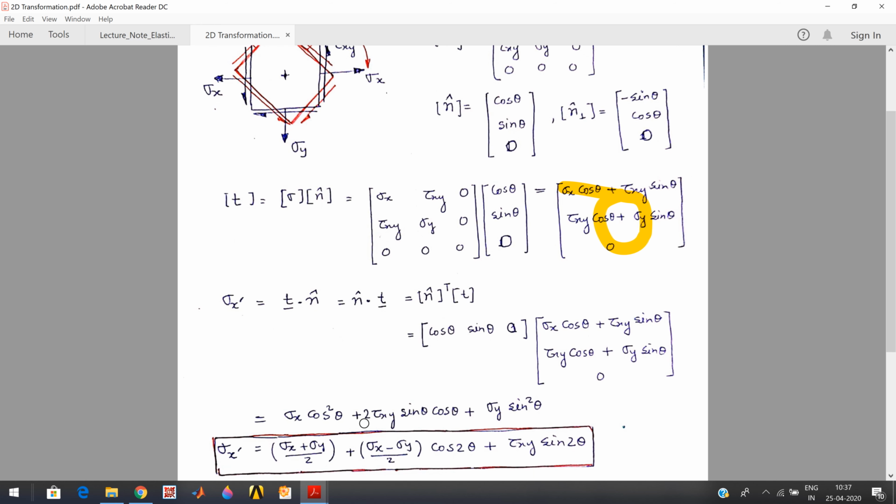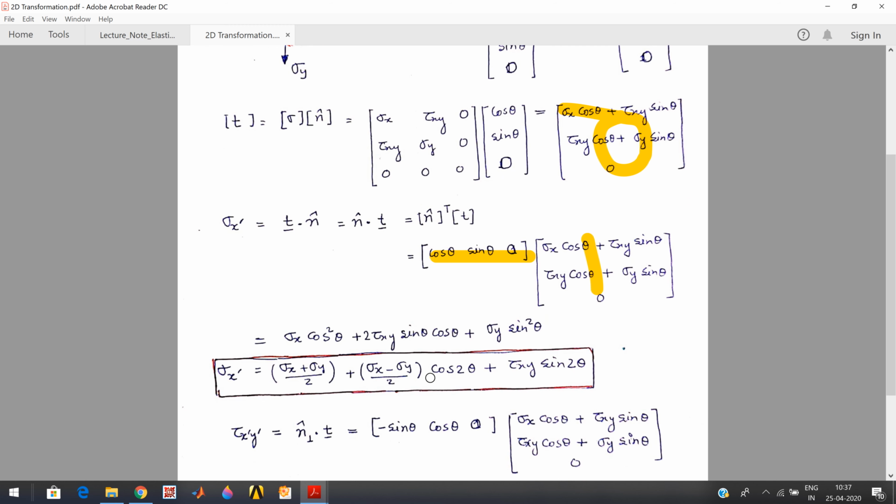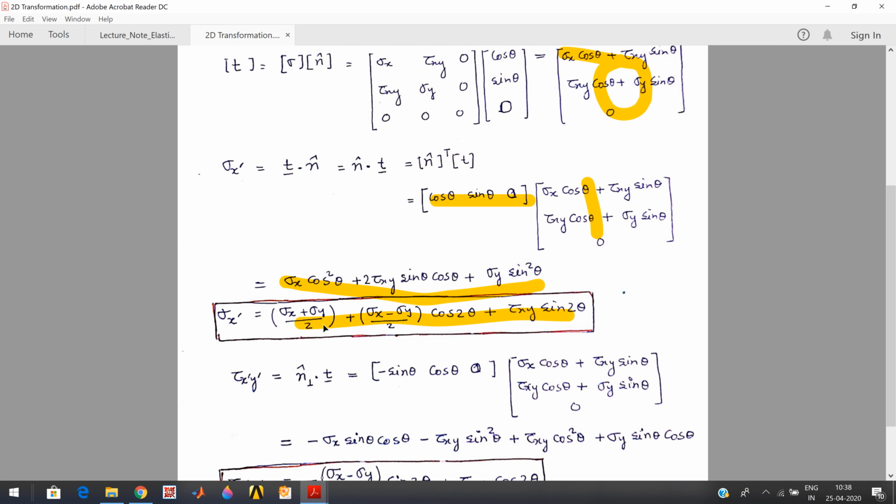It is this matrix multiplication of two column vectors, one transposed and another the column vector. If we just rearrange this equation, we will see that we get sigma x prime as (sigma x plus sigma y) by 2 plus (sigma x minus sigma y) by 2 cos 2 theta plus tau xy sin 2 theta. So if you remember, you have got this relation earlier.